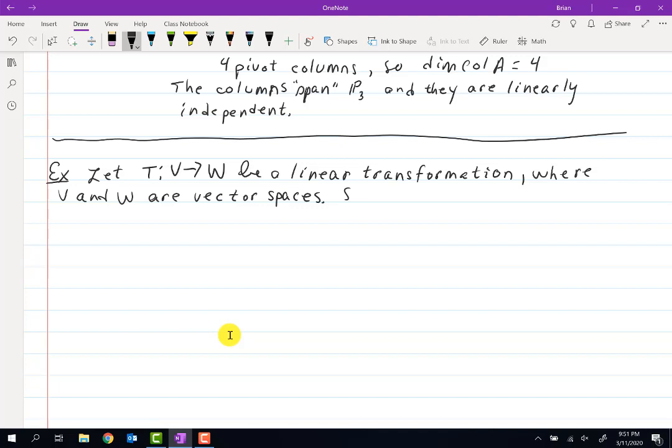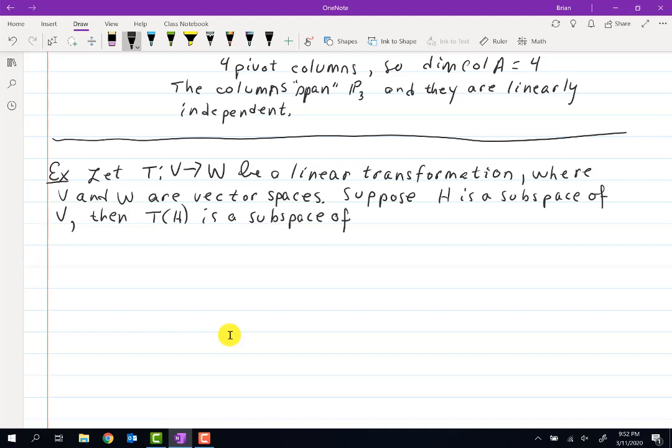Suppose H is a subspace of V. Then the image of H under the transformation T is a subspace of W.